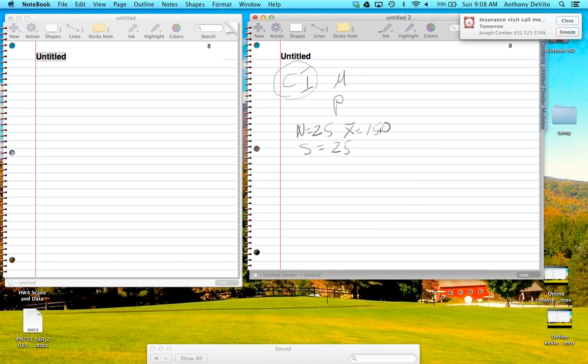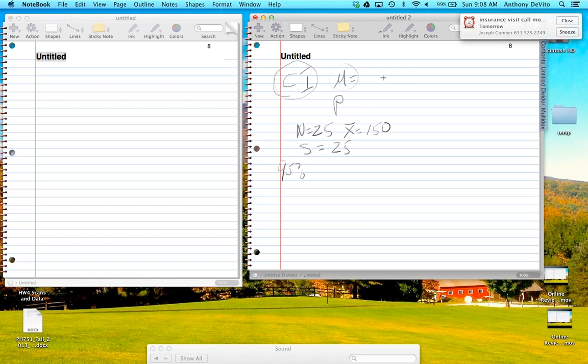We want to say to ourselves, okay, I have a mean that is intended to approximate the mean of the population. How confident am I that it's really 150? Well, that's hard to predict, but what I can do is say, given this information, what's the range of values that I can be 95% confident that the real mean falls within?